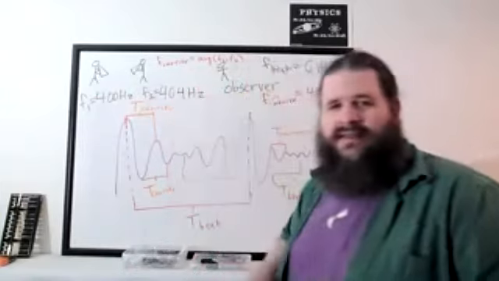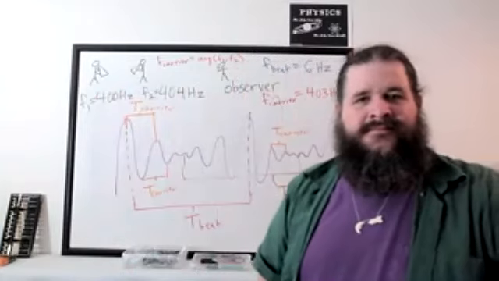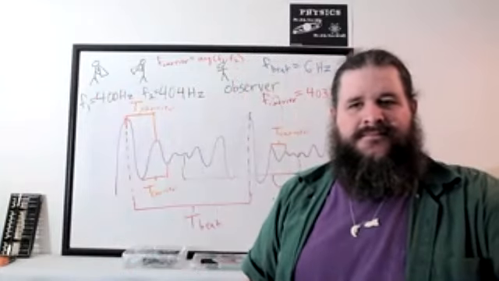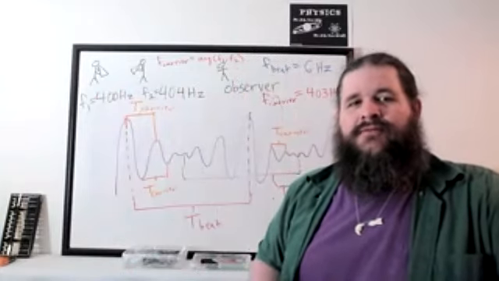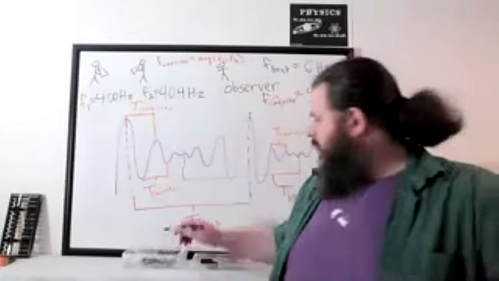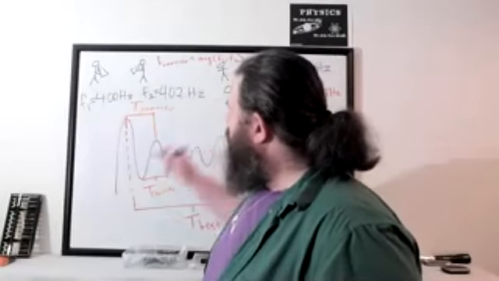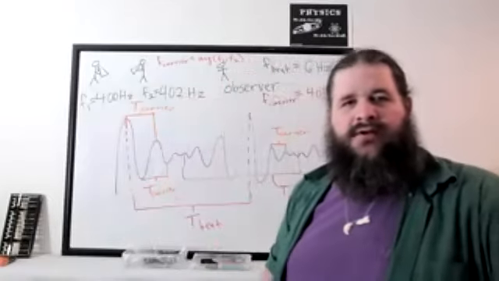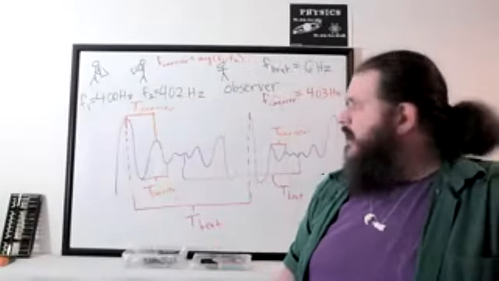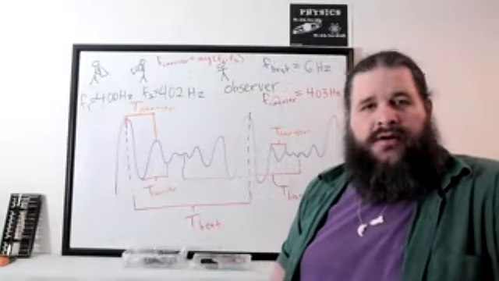Now what's the difference between these? 4 hertz. So you're only going to hear 4 cycles per second. And as this gets even closer, let's say 402 hertz, now you only hear 2 loud, quiet cycles per second. And of course, the average is going to be 401 hertz.